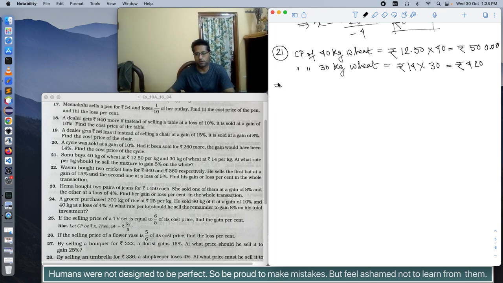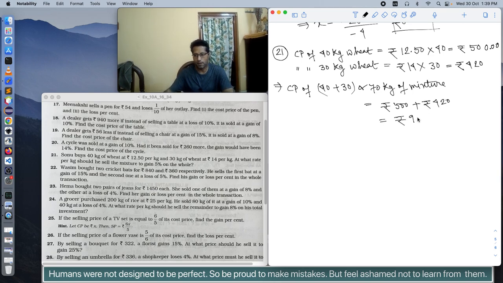So this implies CP of 40 plus 30, or 70 kg of mixture is equal to rupees 500 plus rupees 420, which is equal to rupees 920.